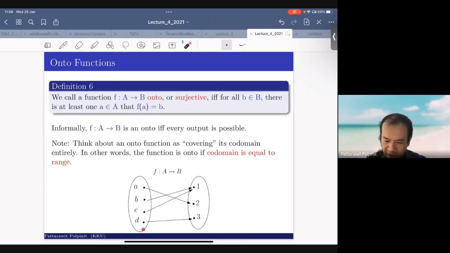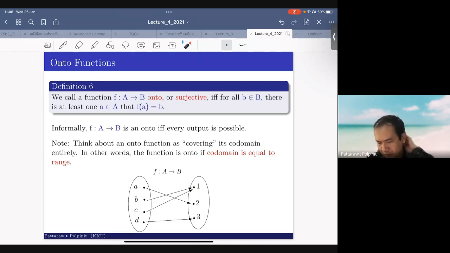Okay, so f is a function from A to B. As you can see, the left hand side is set A and the right hand side is set B. The left hand side has members a, b, c, d, and the right hand side has members 1, 2, 3. So A is mapped to number 2, B is mapped to number 1, C is mapped to number 1, and D is mapped to number 3.